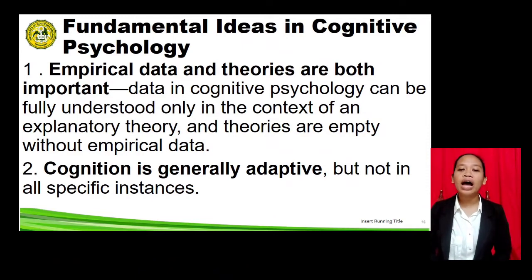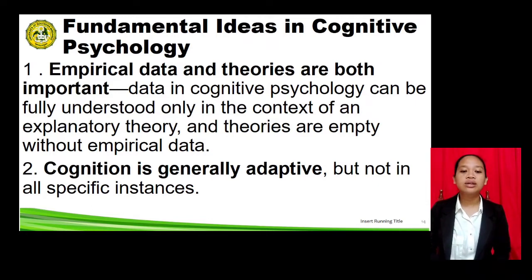So there are 5 fundamental ideas of cognitive psychology that cross-cut some of the key themes listed at the end of this chapter. So first, empirical data and theories are both important. Data in cognitive psychology can be fully understood only, maintindihan lamang siya, in the context of an explanatory theory.